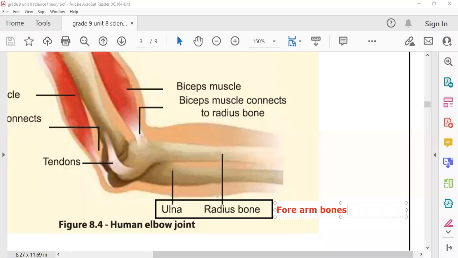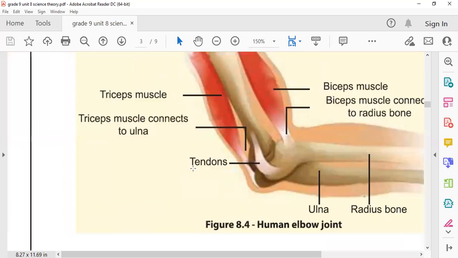Ulna and radius. Have you marked it? Yes, sir.